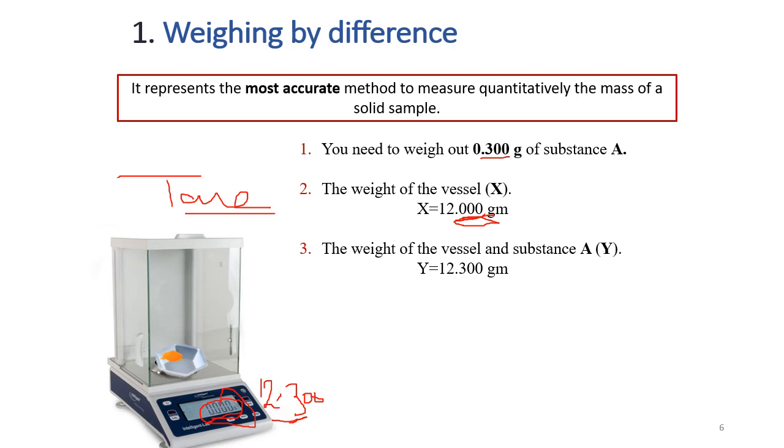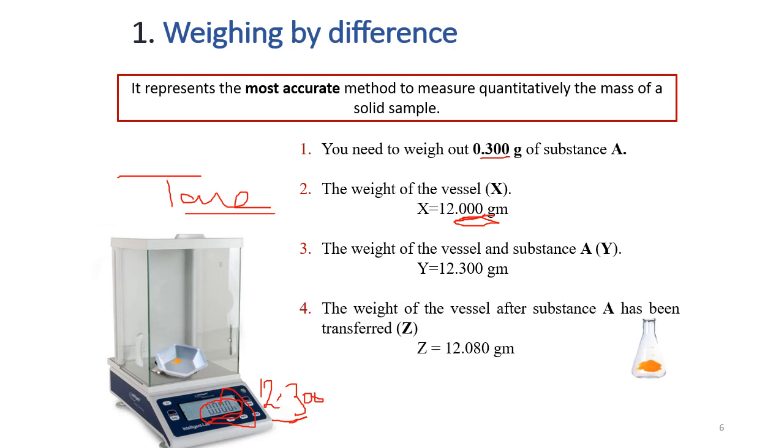Because we will then take the boat together with the powder, and then you will remove the powder into the vessel or the other container that you will be provided with. Fine. And now I will have my boat having a dirt inside. Not all the powder you balanced moved into the flask.